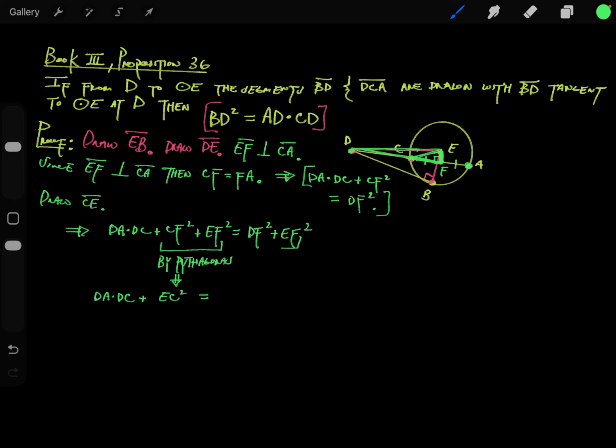So by Pythagoras again, but for the different right triangle, this is equal to DE squared. And now I can say DE squared is equal to EB squared plus DB squared.